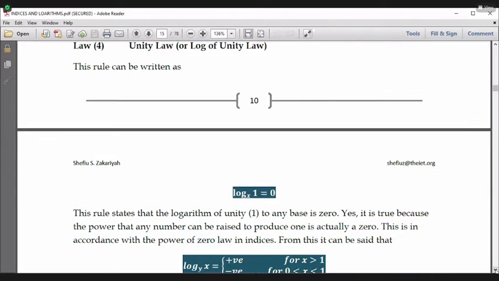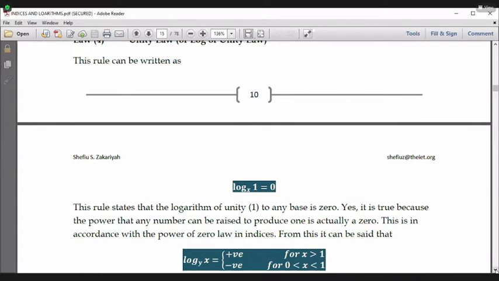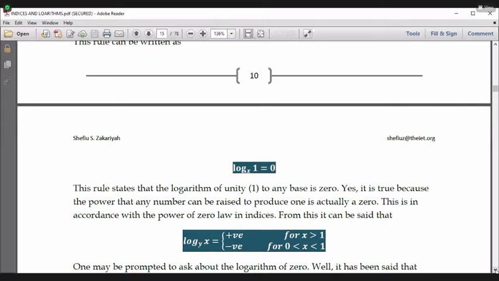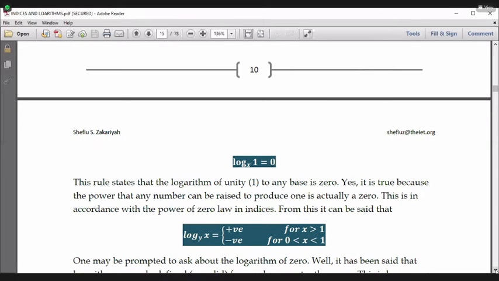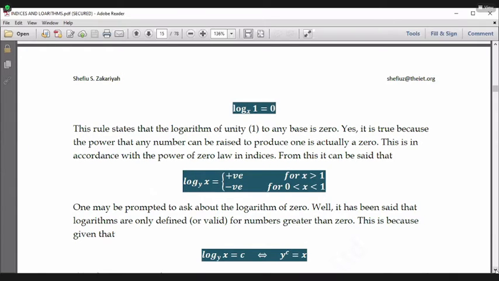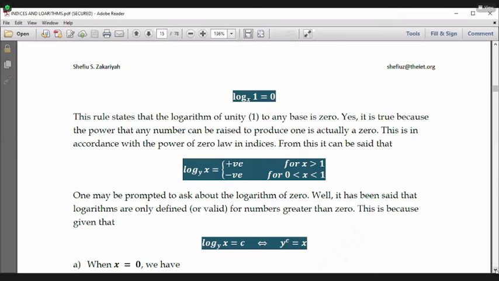The rule says that the logarithm of unity 1 to any base is 0. Yes, it is true because the power that can be produced is exactly 0. You can scribble whatever you want here, that is not mathematics. So that is the first one.